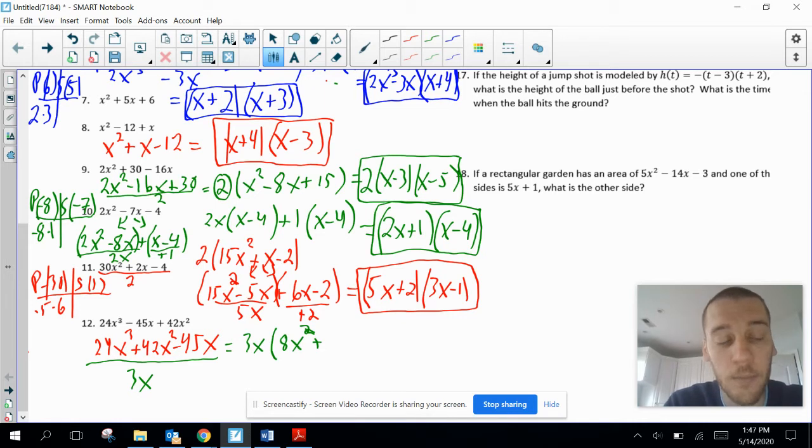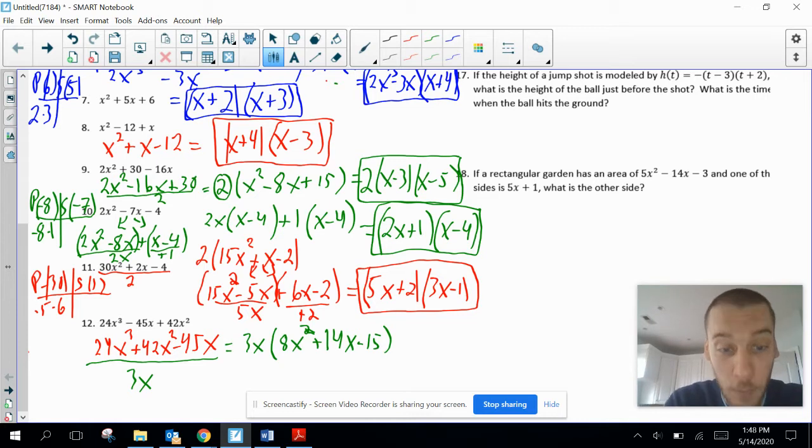No, what's that? 42 divided by 3. Raven, what's 42 divided by 3? 14. Dang, my wife is so smart. 14x, and then 45 divided by 3 is 15.